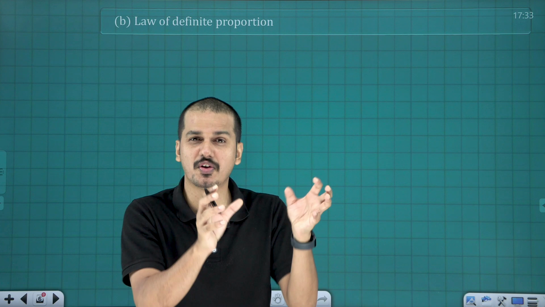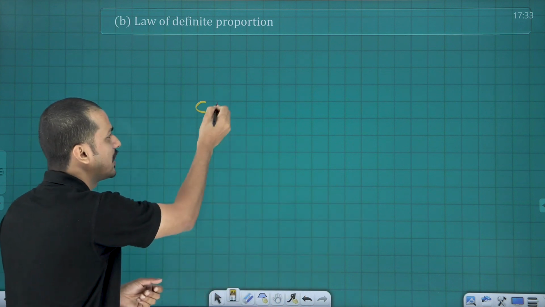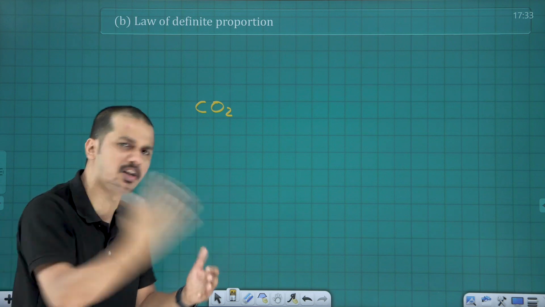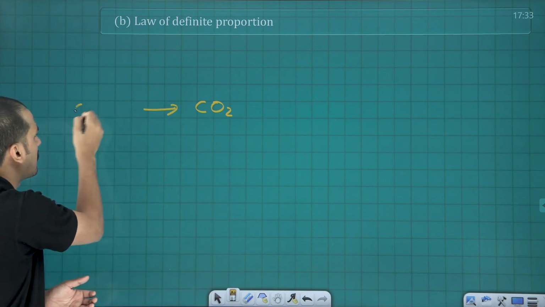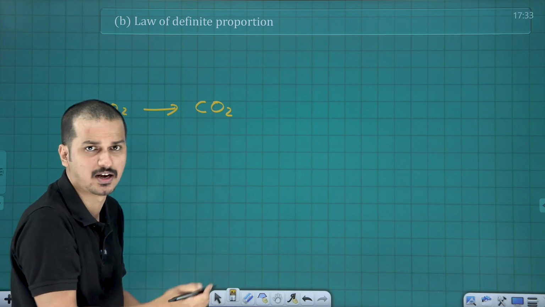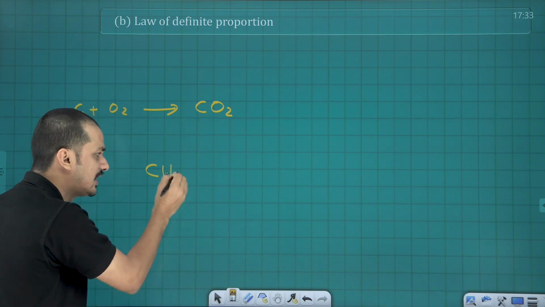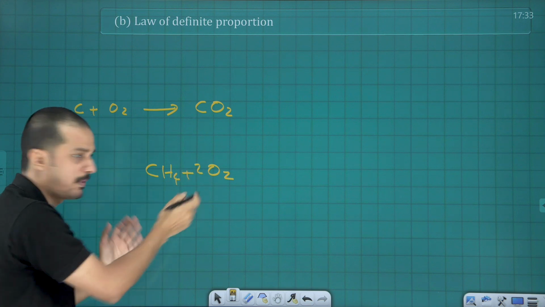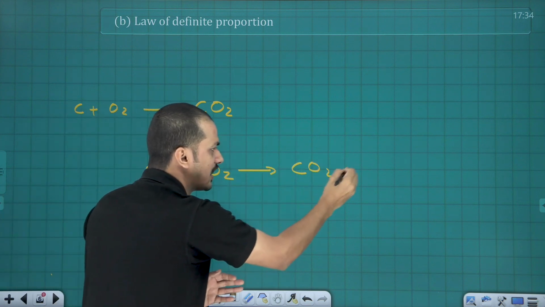Their masses are fixed. For example, carbon dioxide we can prepare in different ways. If we combine carbon and oxygen, we will get carbon dioxide. Or if I treat methane plus oxygen, a combustion reaction of a hydrocarbon, that will also give carbon dioxide.